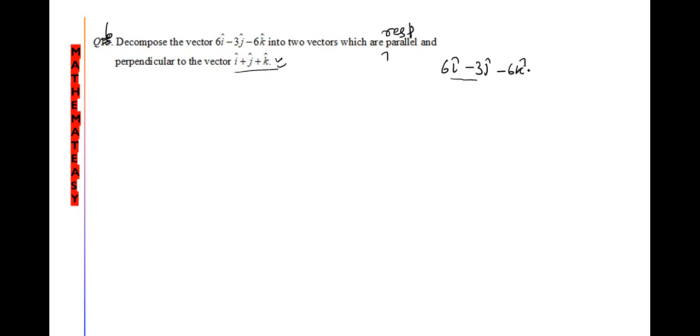So what we can do, let us take it as alpha vector plus beta vector, and alpha is parallel to i plus j plus k.